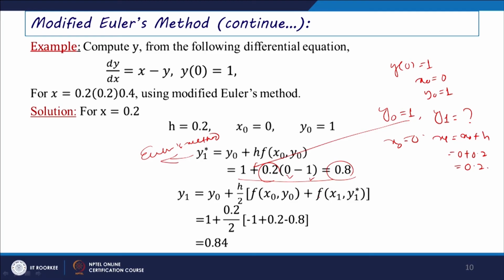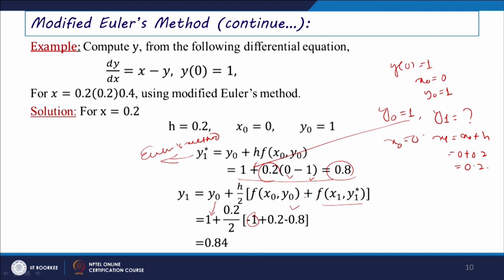So y0 is given as 1, then h is 0.2 by 2, then f of x0 y0 is x0 minus y0, that is 0 minus 1, then plus h by 2, 0.2 by 2, times f of x1 y1 star. y1 star is computed as 0.8 here, so if I put x1 as 0.2 minus 0.8 here.